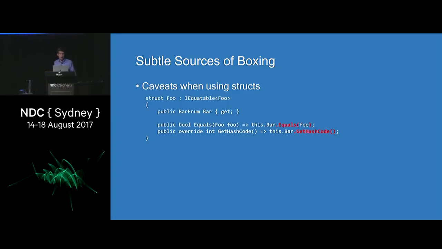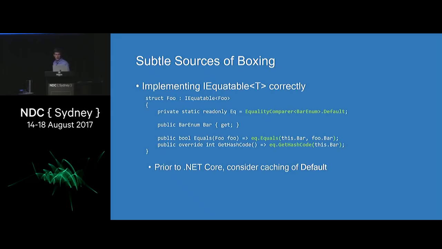The right way of writing something that's equatable, to check whether two things are equal, is to use EqualityComparer of T.Default and call the Equals and GetHashCode methods on that. In fact, if you look at the code generated for things like anonymous types, it uses EqualityComparer of T. If you want to score a little bit extra points on your team and you're not using .NET Core yet, even consider storing that .Default result into a static variable that you use as a shared variable, because the call to Default by itself also has some expense in it.